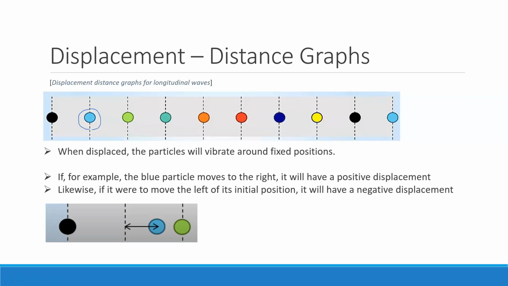So when we're talking about the displacement in a displacement distance graph, this is what we're referring to: the displacement of each individual particle. Right now, the blue one has a positive displacement, whereas the rest have a displacement of 0. If you're in the equilibrium position where you started before you were disturbed, we say that the displacement is 0.